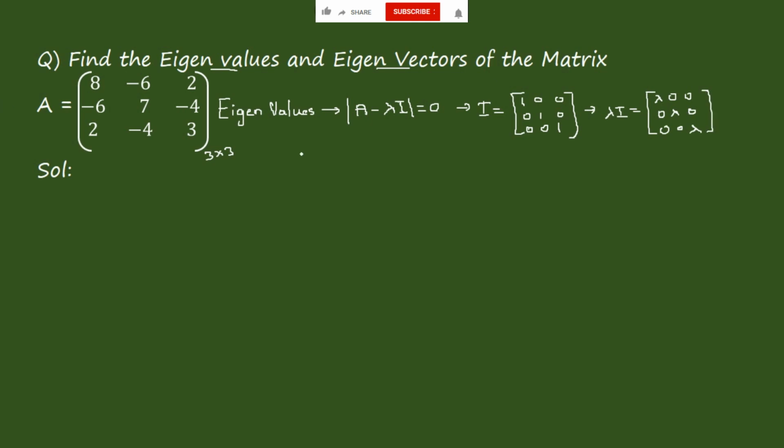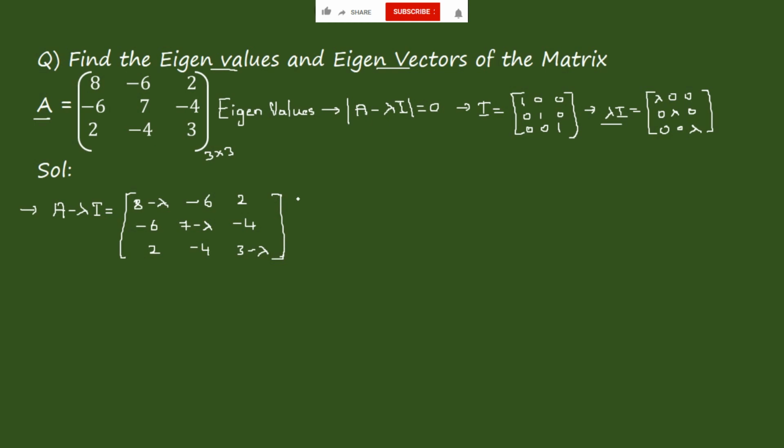We have to find the determinant of A minus lambda I, which should be equal to 0. Subtracting this matrix from the matrix A, we get 8 minus lambda, minus 6, 2; minus 6, 7 minus lambda, minus 4; 2, minus 4, 3 minus lambda.